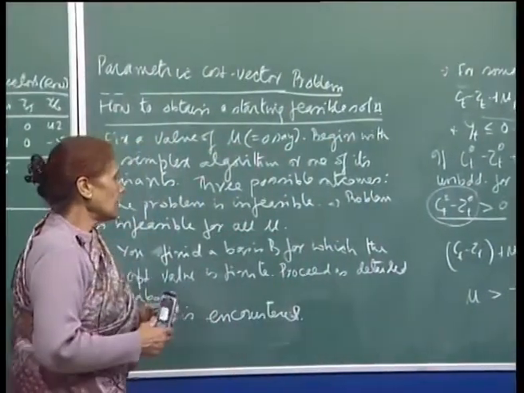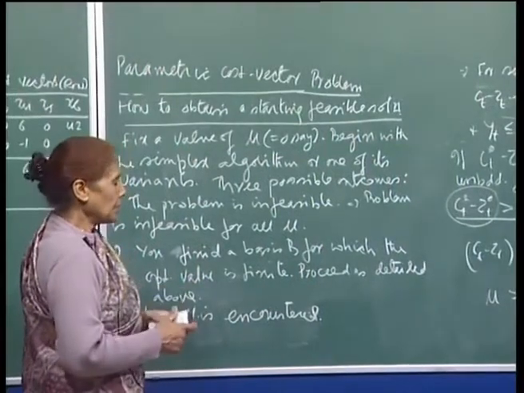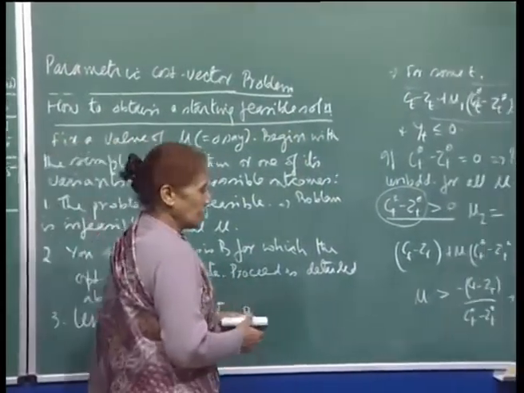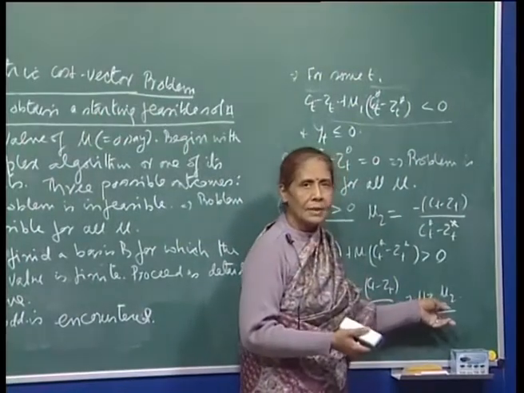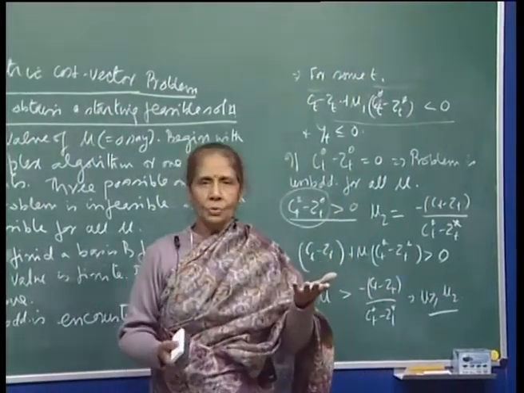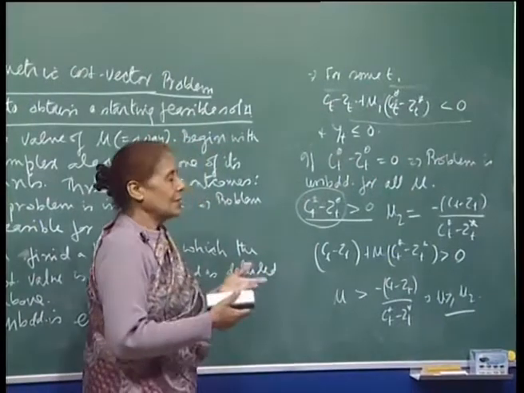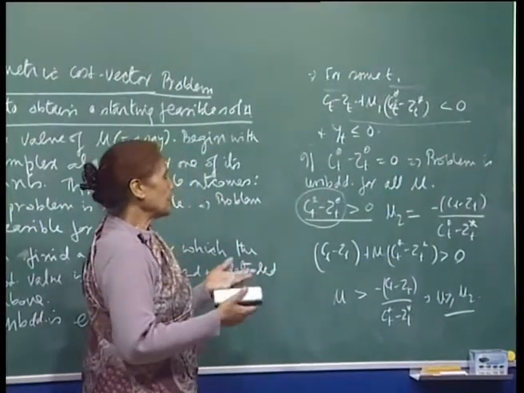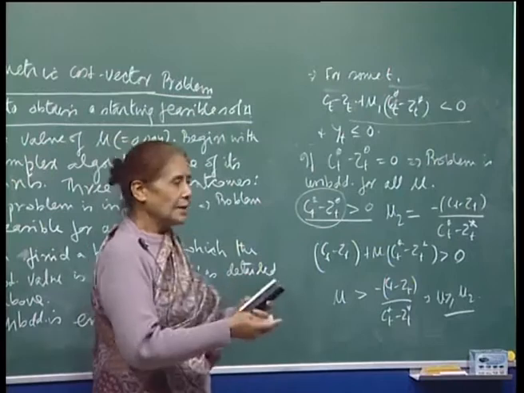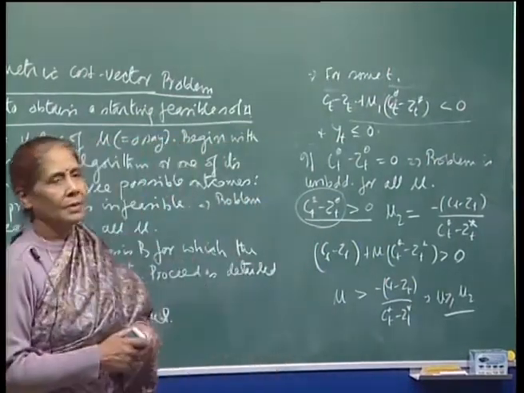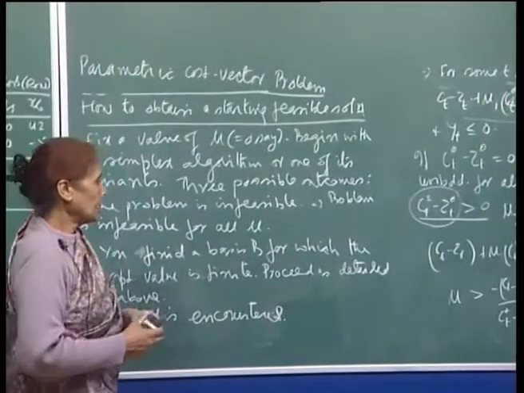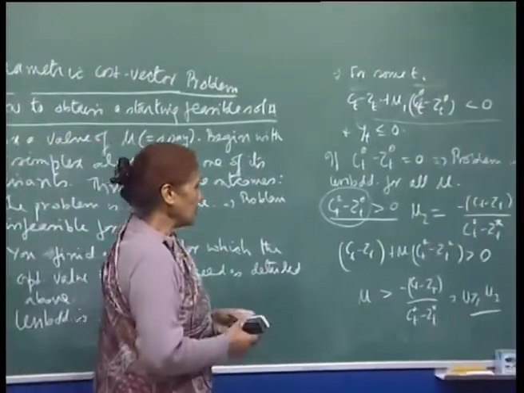So now you again begin with the simplex algorithm, and it is possible that you may again encounter unboundedness. So there will be another value of mu, we can call it mu3, and so you will continue, but after a while you will get out of the unboundedness, or the unboundedness may continue, but anyway.